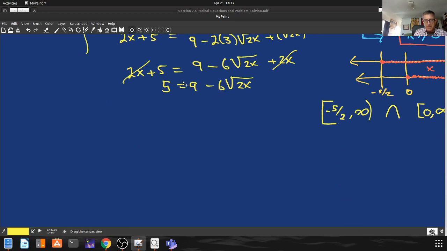So I guess I'll just move the 9 to the other side. 5 minus 9 is equal to minus 6 times the square root of 2x. So that's minus 4 is equal to minus 6 times the square root of 2x. Then I'm going to square both sides.